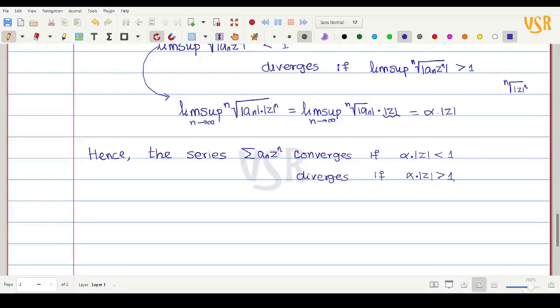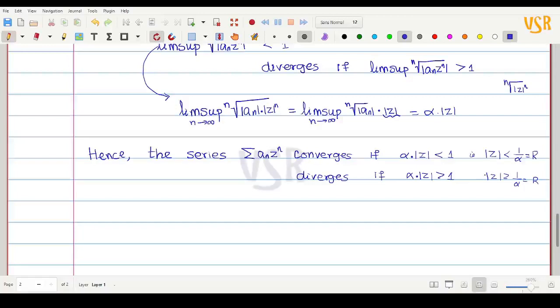That is, mod z is less than 1 by alpha, that is equal to r. Okay, அப்போ mod z is greater than 1 by alpha, which is equal to r.